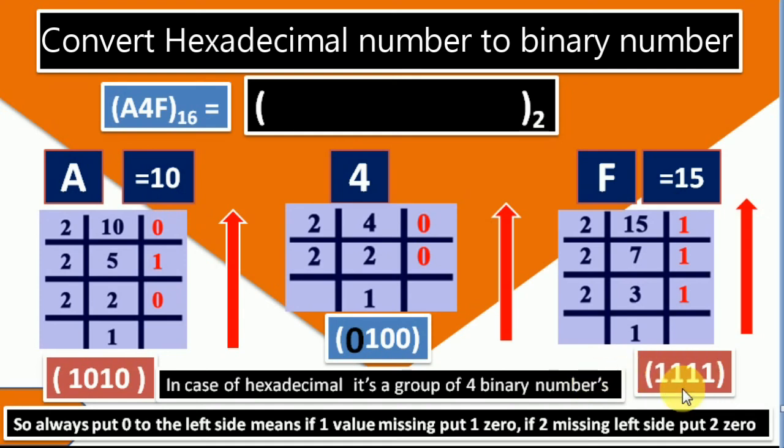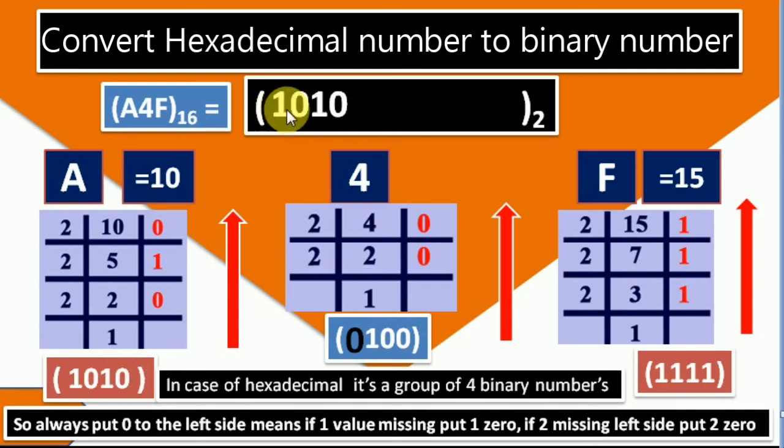So what is the binary? 1 1 1 1. Now what do you have to do? Combine these 3 binaries. For A, 1 0 1 0. For 4, 0 1 0 0. And for F, it is 1 1 1 1. So start from A, that is 1 0 1 0.